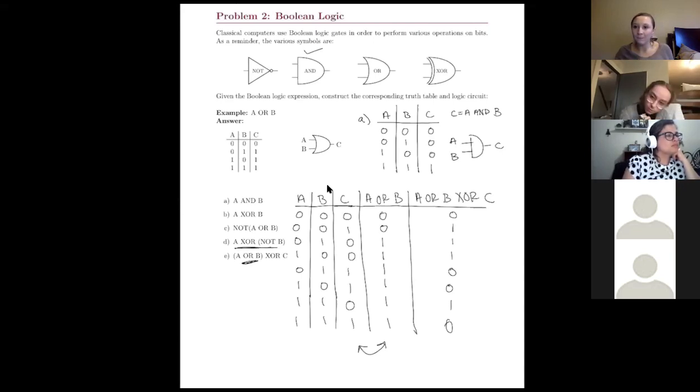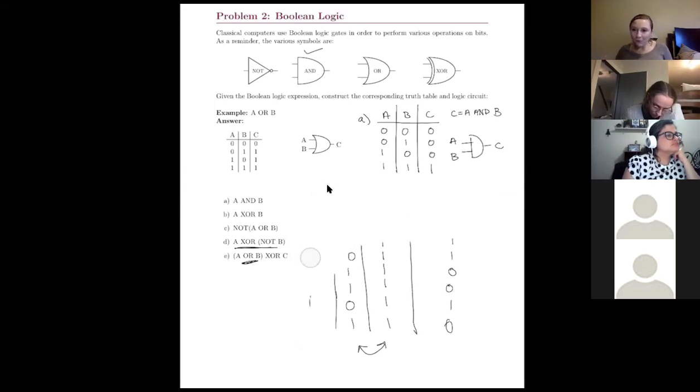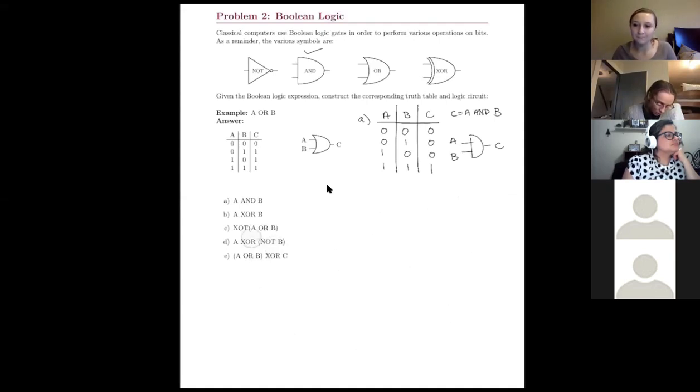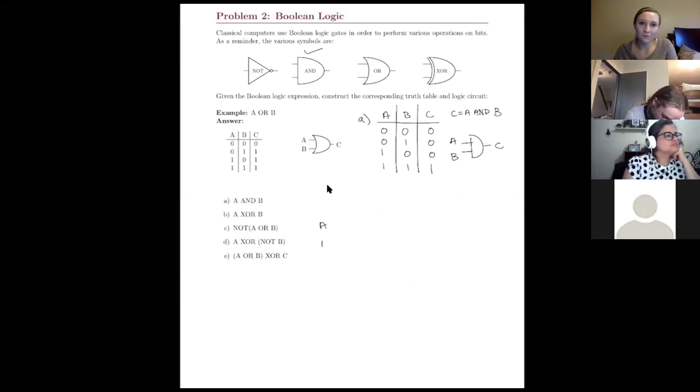Okay. Could you please draw the logic circuit for problem 2E? Yes, I can do that. I'm gonna need a little more room. I guess I can just erase this. So all of these are built with the same few gates. So here you have 3 inputs, so you're gonna have a little bit of a bigger diagram, but just start with the simple ones, so A and B, and you wanna do your OR gate.